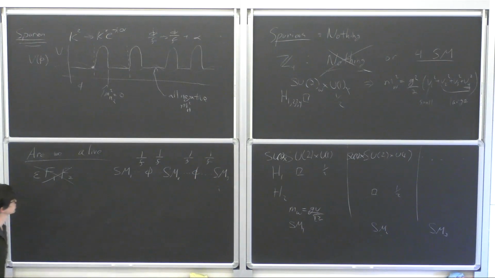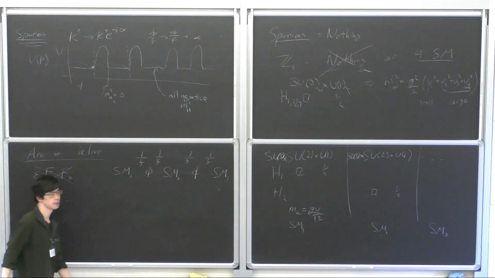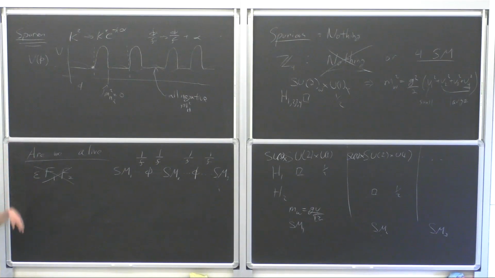And so you can imagine, if that's the case, you can quite see how it would be quite difficult to produce all of the other guys, right? If F is, let's say, M Planck. What we actually need in this model is to be able to relax to the minimum.